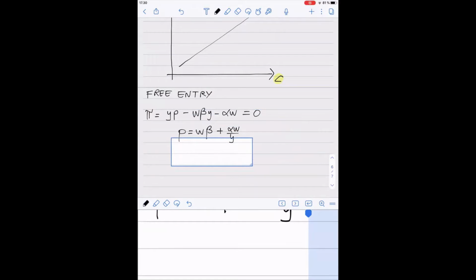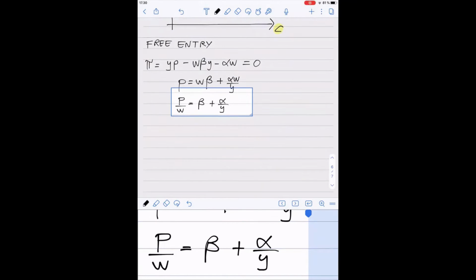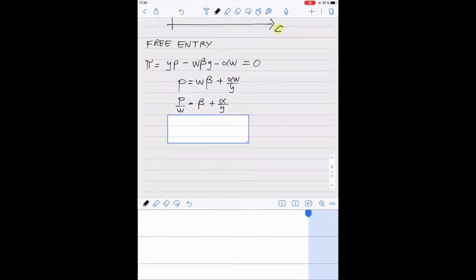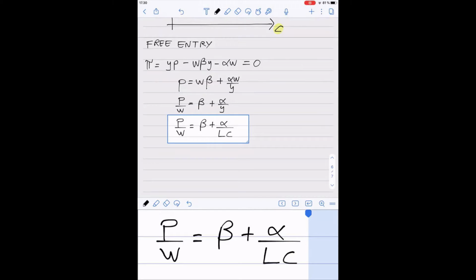And therefore, if we divide both sides by the wage, we have P over W equals beta plus alpha over Y. And since we care about C and not total output Y, what we have is P over W equals beta plus alpha over LC.